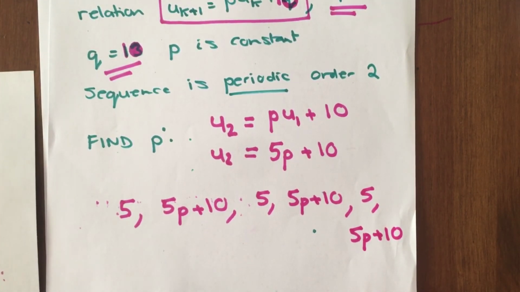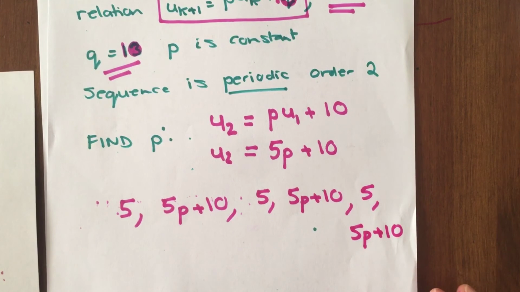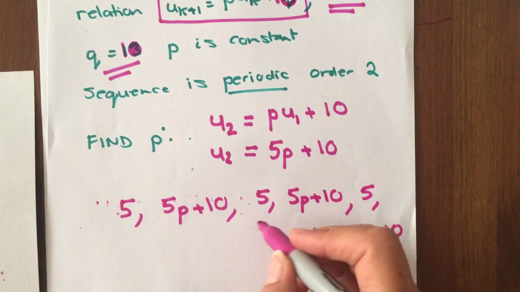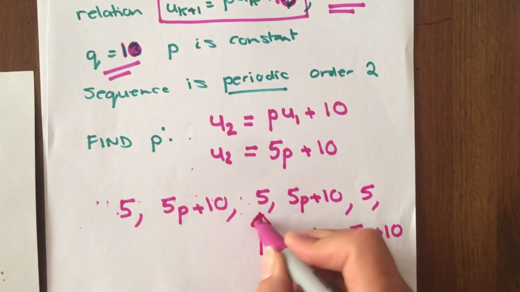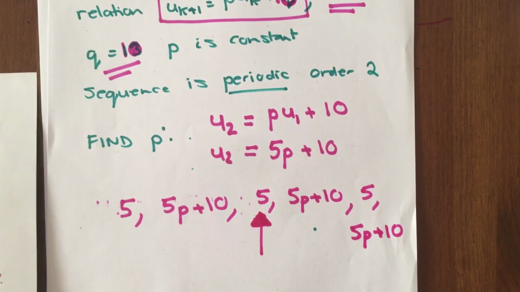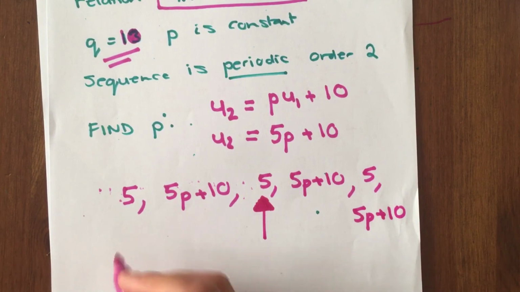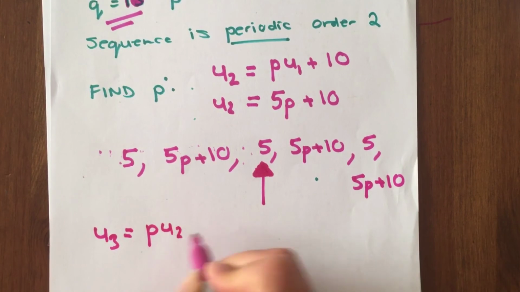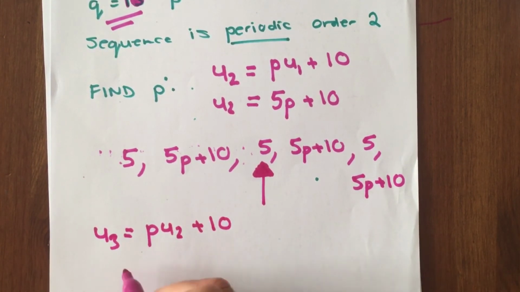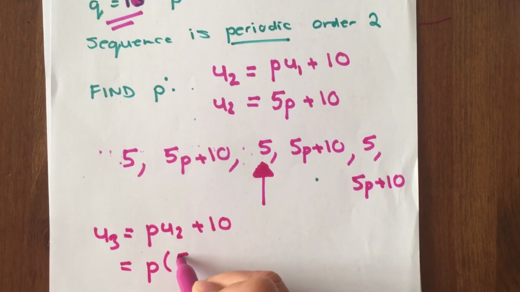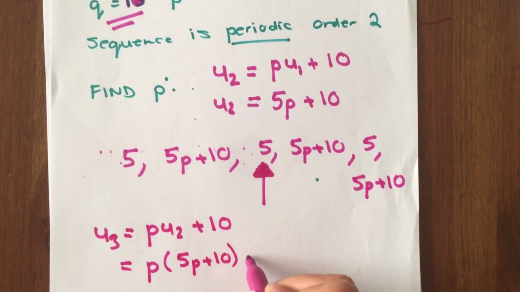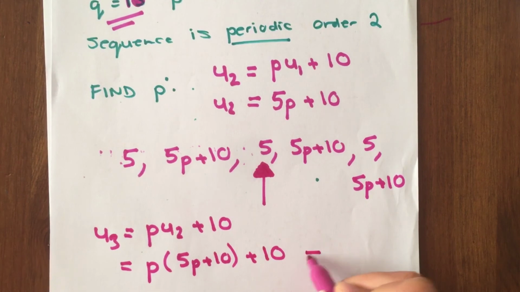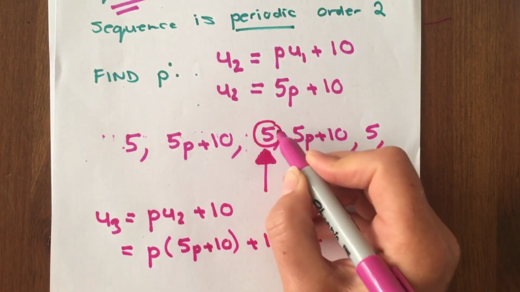Now you're asked to find P. The only way I'm going to find P is if I set the third term to be equal to 5. So let's look at what the third term would be. I know the third term is P times the term before plus 10. I know the term before is that. And I know that U3 is 5.